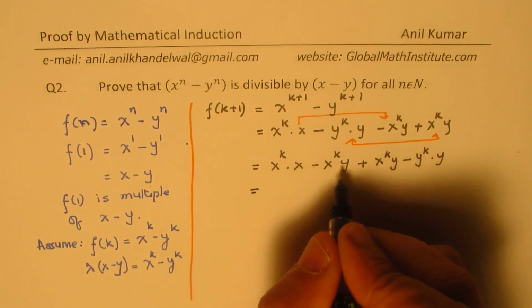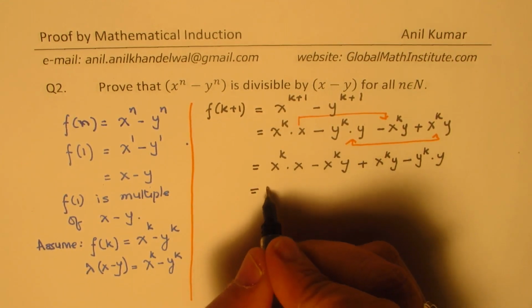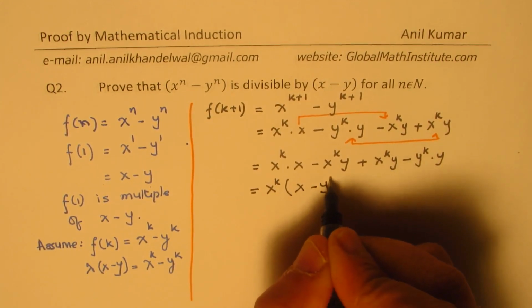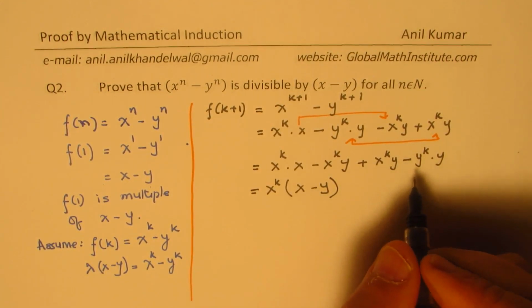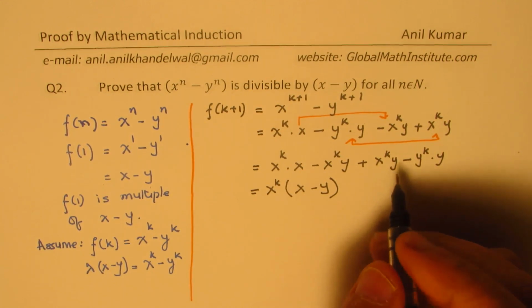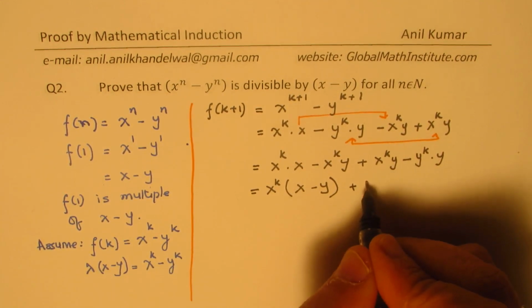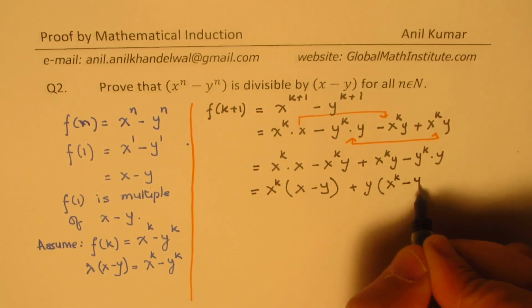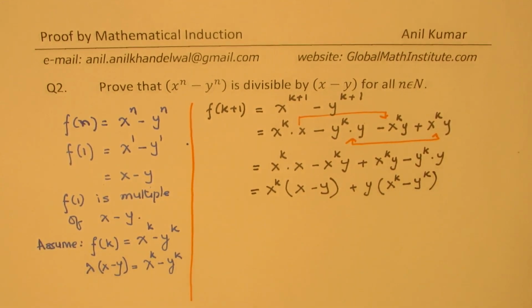Now in the first two terms, x to the power of k is common, and what we get is x minus y. Now here we can take y common, right? So we can take y common, and what we get here is x to the power of k minus y to the power of k.